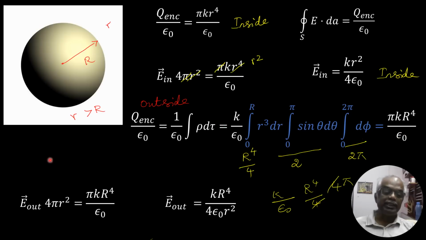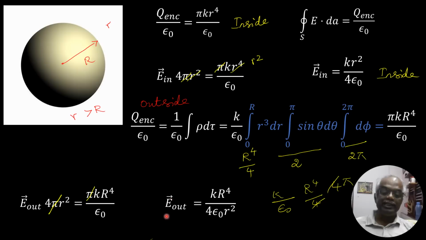So electric field outside, you take this expression. Electric field outside is, here area is 4 pi r squared, which is equal to pi k R power 4 over epsilon naught. Here also, as we have done earlier, you cancel this pi. But here it is small r, this side is capital R, you cannot cancel.